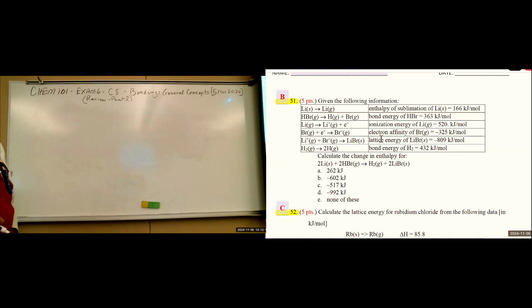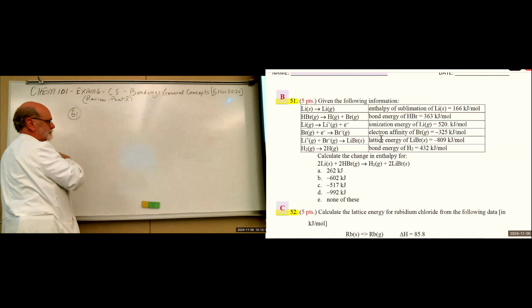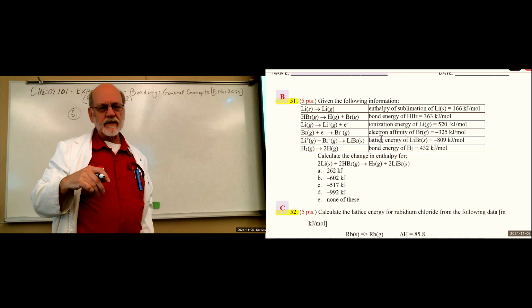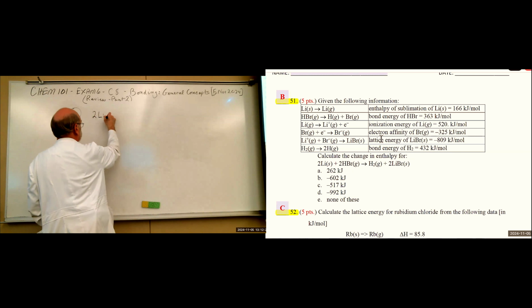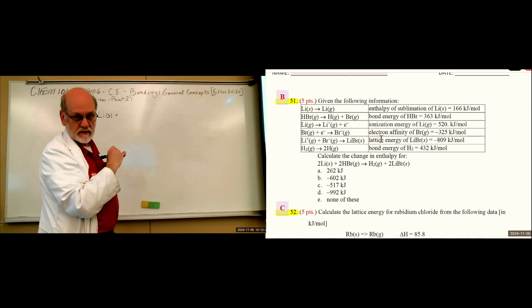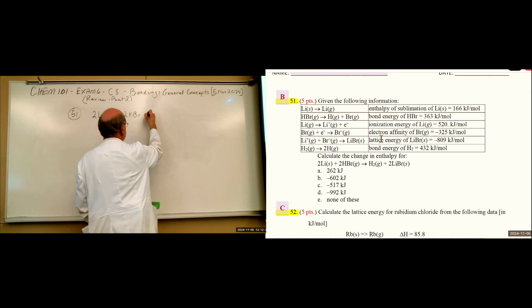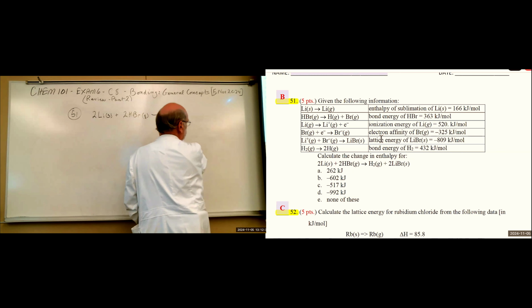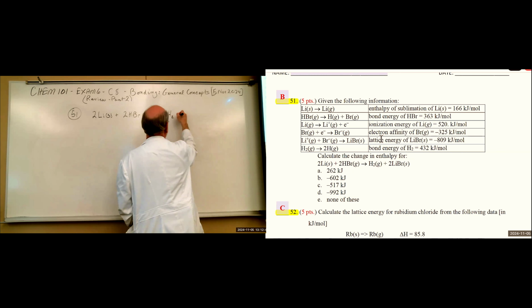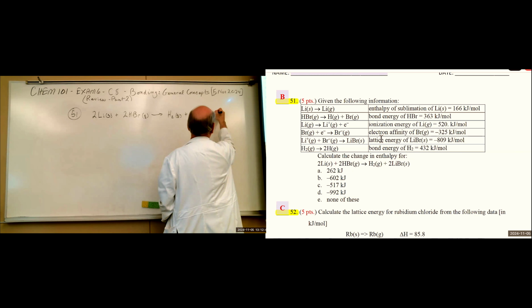All right, 51. Given the following information, calculate the change in enthalpy for this reaction. 2 lithium solid plus 2 HBr gas yields hydrogen gas and 2 lithium bromide solid.